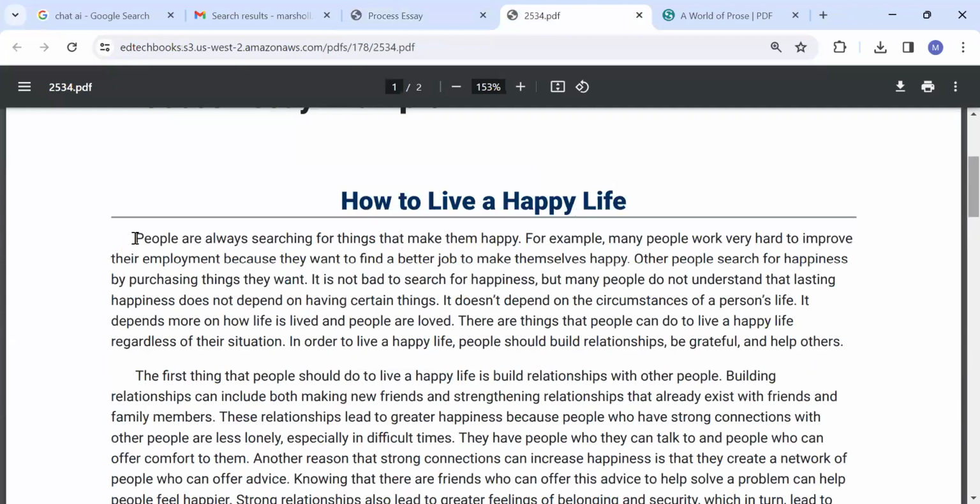In this first sentence, people are always searching for things that make them happy. This first sentence is called the introductory sentence. Some people call it the grabber sentence because it grabs the reader's attention.